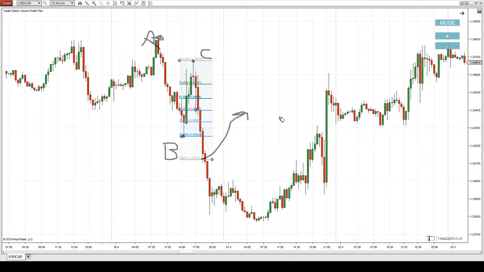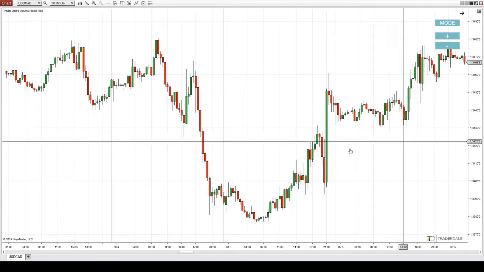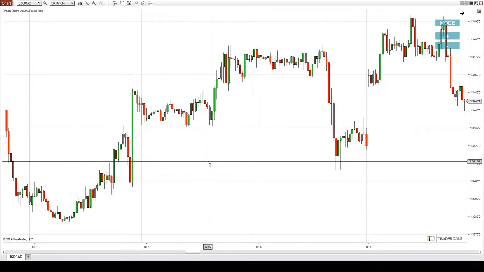In this case, it would be a losing trade. From A to B, B to C, C to D. From D you go long. This time it didn't work. There is no strategy with 100% accuracy, so it doesn't really matter. As long as your winning ratio is above like 55 or 60%, you should be fine.